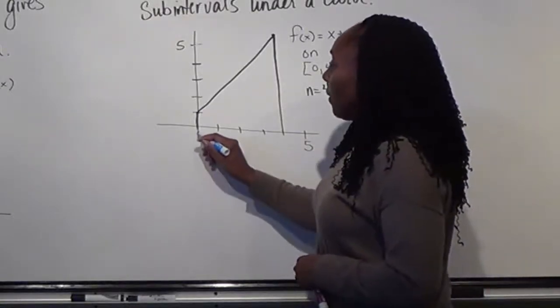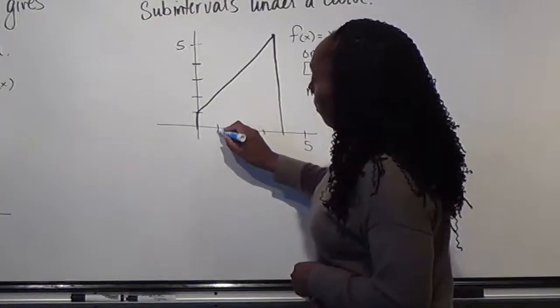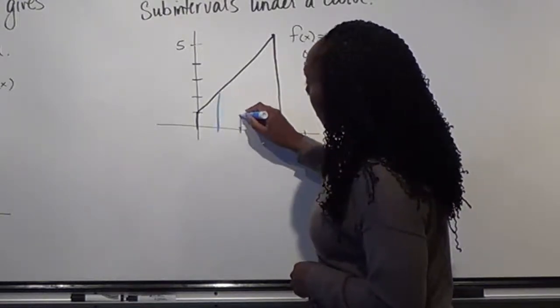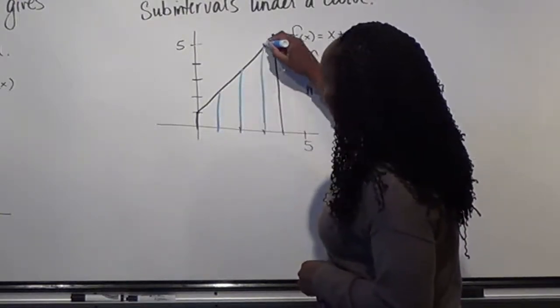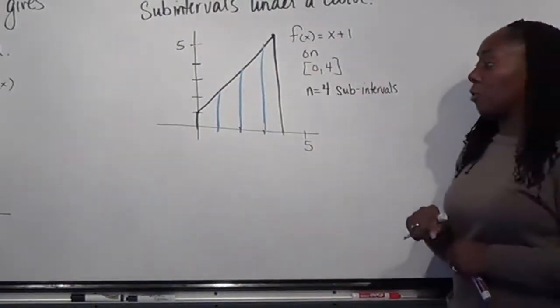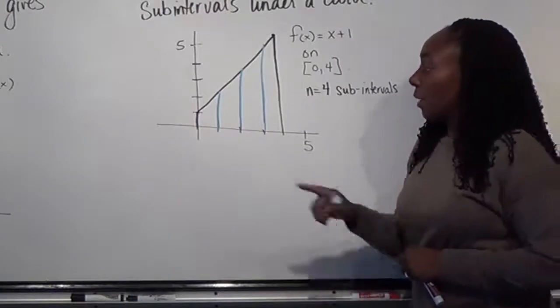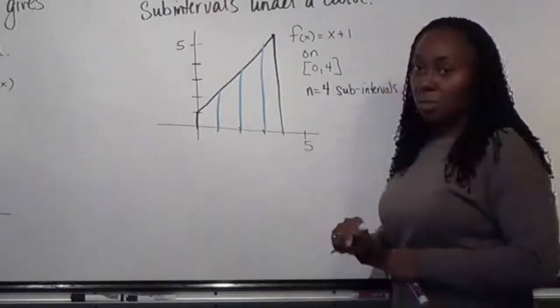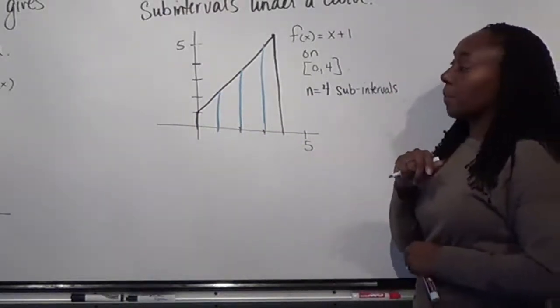Okay? So here, if I look at the left sides, or my 4 subintervals, I can basically take and divide this just on the integer values between 0 and 4. And that's going to give me my 4 regions, or 4 subintervals. Okay?